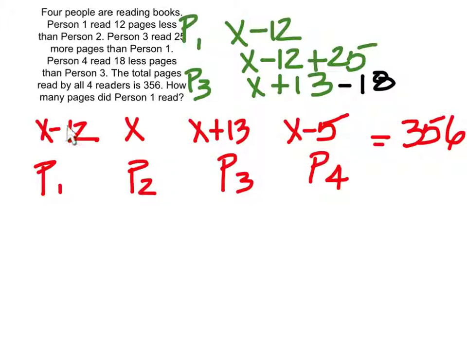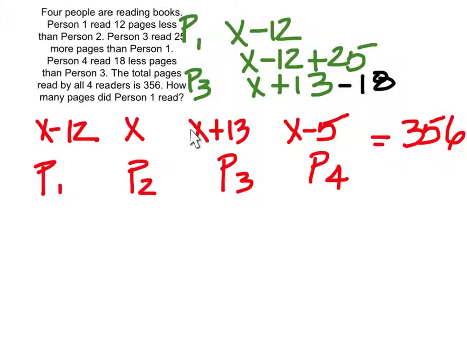Okay, so you have the X minus 12 and the X. Person 3 read 25 more pages than person 1. Person 1 is X minus 12. So here's person 1, and person 3 read 25 more than person 1, so you have to have X minus 12 and plus that 25. And what we did is negative 12 plus 25 is 13.